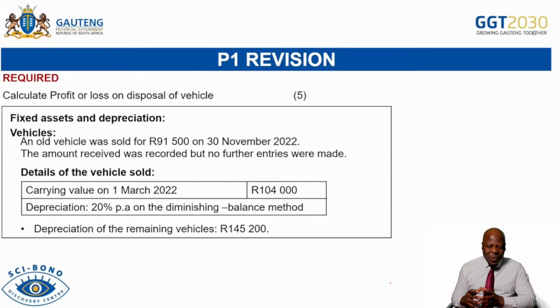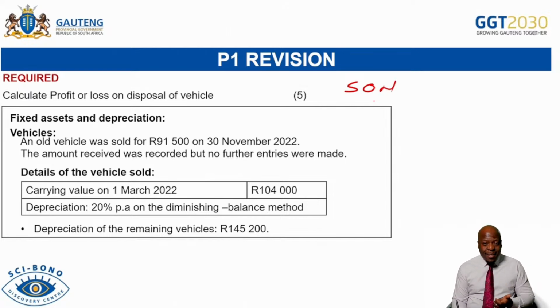This now has to do with depreciation. Remember, I said I just need to cover as many aspects as possible. Remember that your depreciation can be tested either in paper 1 or in paper 2, or it can be tested in both papers. So you need to prepare your depreciation calculations. Do remember how to calculate depreciation on the 1 rand residual value principle. And one of the most important things that I want to remind you is that when you calculate your depreciation, remember the sold, old, and the new.